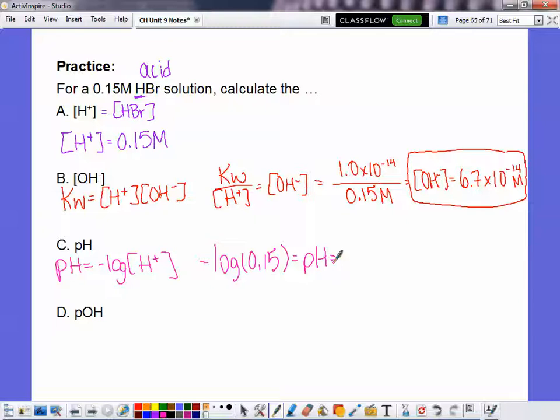So when you type that in your calculator, negative log, 0.15, enter, what do you get? 0.82. And the nice thing is there are no units for pH or pOH.